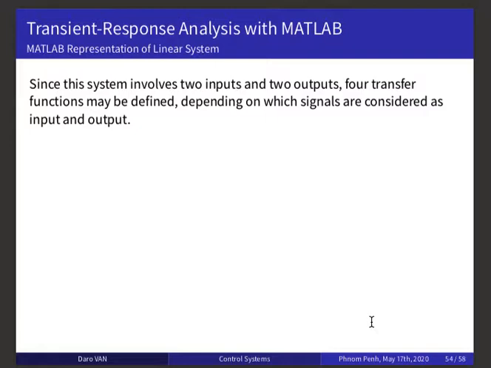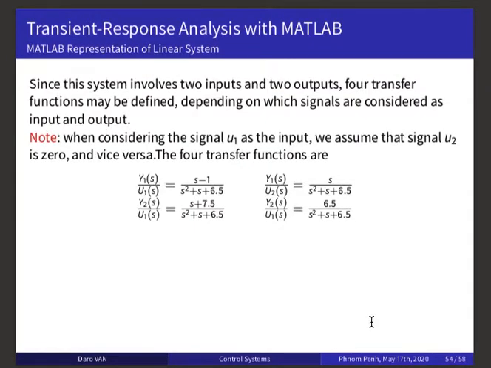Four transfer functions may be defined, depending on which signal is considered as input and output. If you consider the signal U1 as an input, we need to assume that the signal U2 is 0, and vice versa. So you have four transfer functions. This is an LTI system, a linear time invariant system.